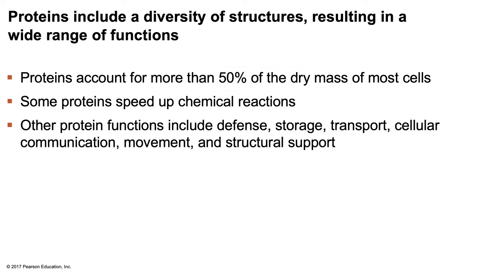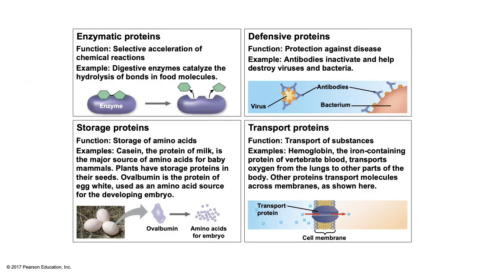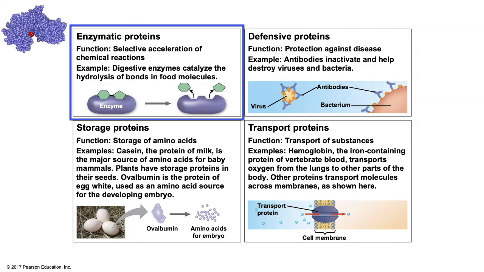Obviously, proteins are crucial to our life functioning. Let's note a few of the most important roles that proteins play in our biology. Enzymatic proteins. Nearly all biochemical reactions of our body require an enzyme. An enzyme's job is to act as a catalyst to speed up chemical reactions. We'll learn more about this in Chapter 8.